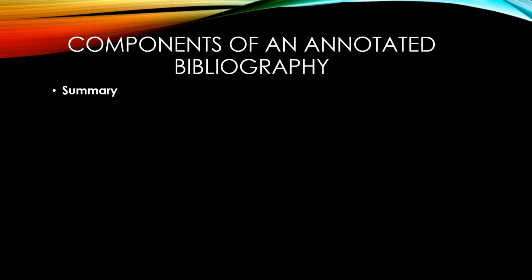So our next component of the annotated bibliography is going to be our summary. Whenever you write your summary, you're basically going to include all of the main components of a published research article.